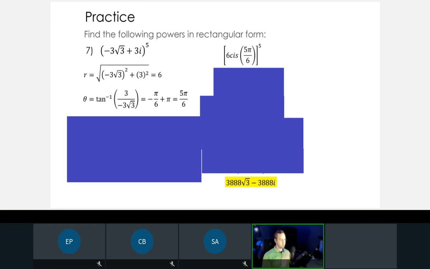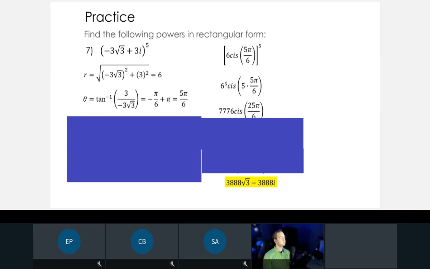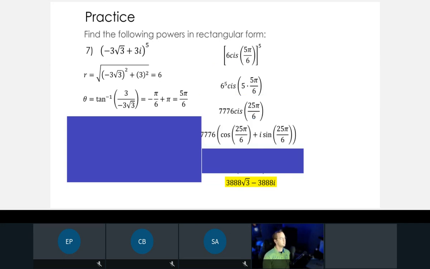My signs have been backwards all day long. So if you got the plus, well, double check yours. So the sine of 25 pi over 6, is that plus or minus? It's positive?